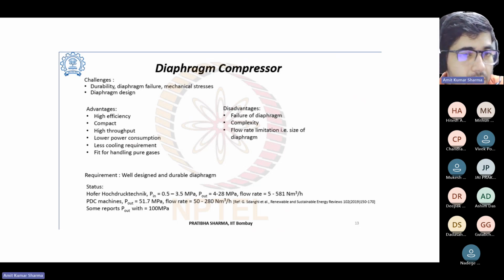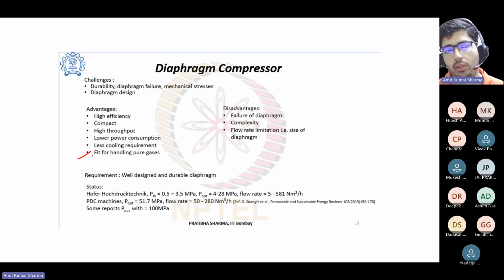There are some challenges for diaphragm compressors like durability, diaphragm failure, mechanical stresses. The diaphragm design advantages: high efficiency, compact, high throughput, lower power consumption, less cooling requirement, fit for handling pure gases, because there is no contact of the piston or any material with the gas.